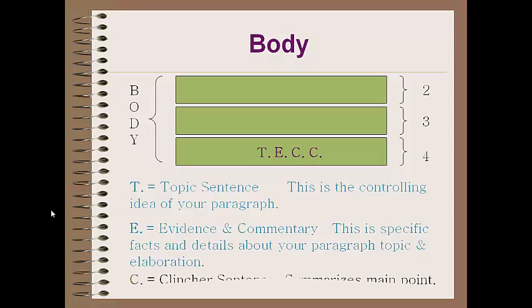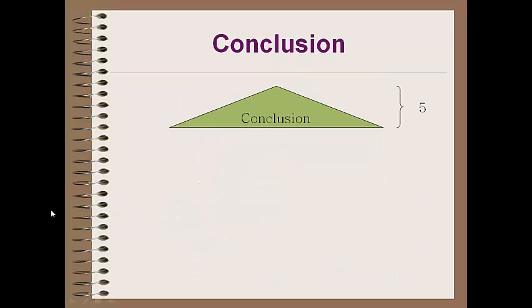And then the C is our clincher sentence. And remember that our body paragraph particularly has to have unity. Everything has to fit in, be one unit, and it has to have coherence through some kind of organizational pattern and transitions.